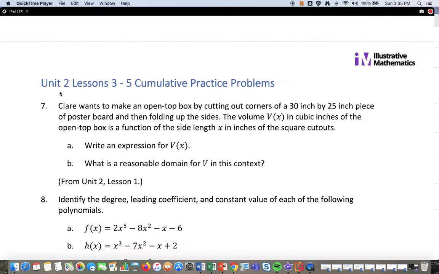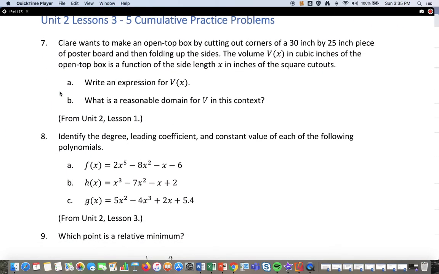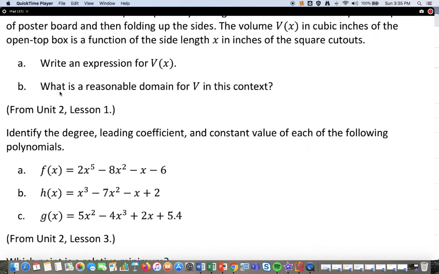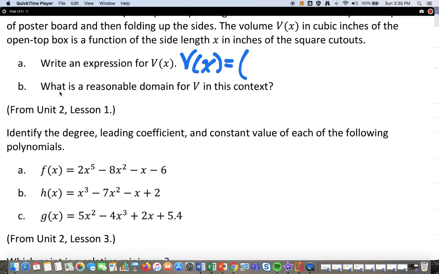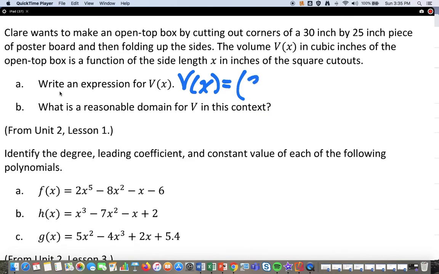Number 7, Claire wants to make an open top box by cutting out corners of a 30 by 25-inch piece of paper or poster board and then folding up the sides. So we're getting pretty used to this scenario and this function. So the expression for the volume of that box would be V of x is equal to, and then we would take one side length, which is 30.